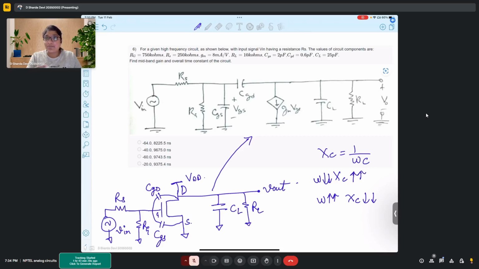So these are not separate capacitors, and you cannot remove them. These are basically capacitive effects that come from the device. They will stay intact, and you have to do your analysis around these capacitors only. Okay?